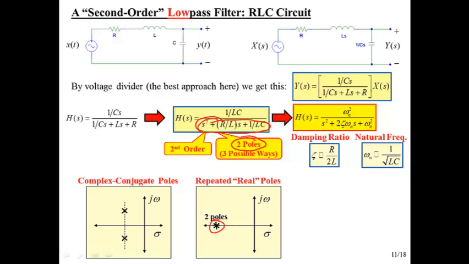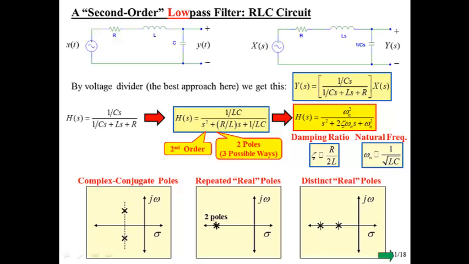That would be when we find the roots of this and we find out that we have a double root. And then the third possibility is that we have two real poles and they are distinct. So since they're real poles, they both lie on the sigma axis.